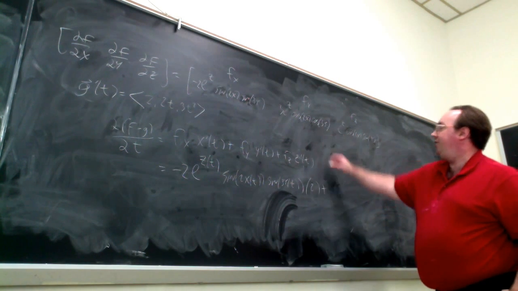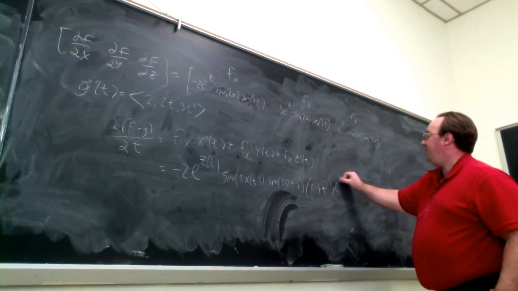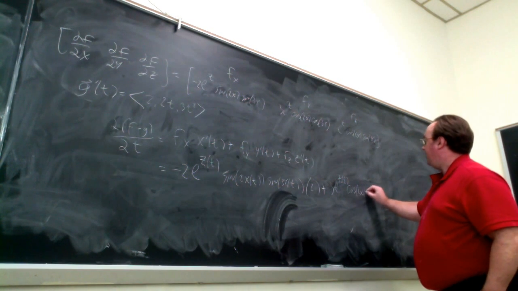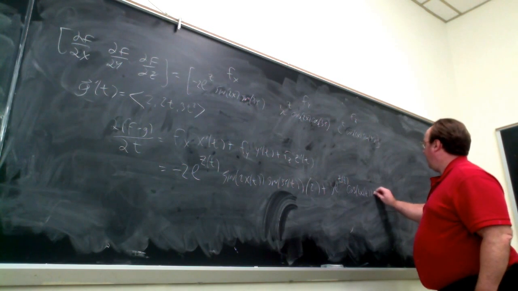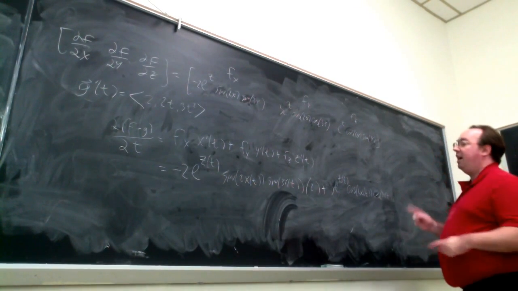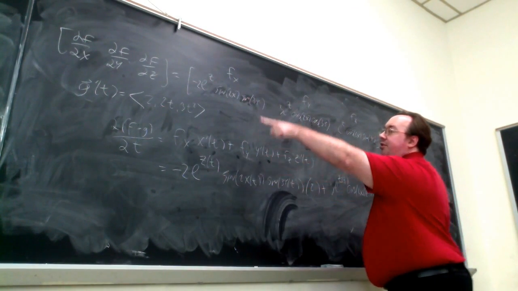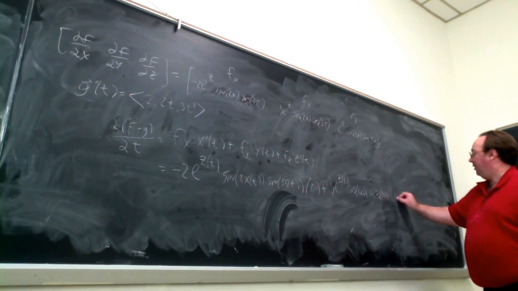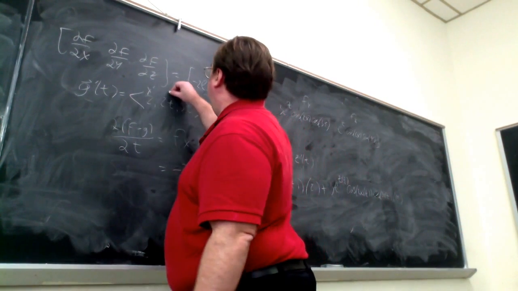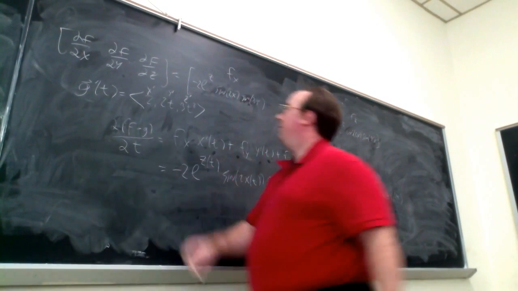Then I move on to the next term. So df dy is here. 3e to the z of t, cosine 2x of t, cosine 3y of t, times dy dt, which is 2t. All right, so this is x prime, y prime, z prime.